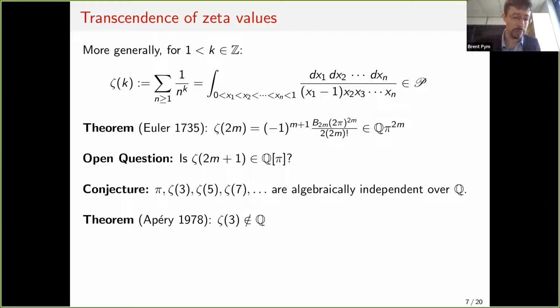So remember, Euler proved these facts about the even zetas in the 18th century, and it was not until 1978, more than 200 years later, that it was known that zeta of 3 is not a rational number.